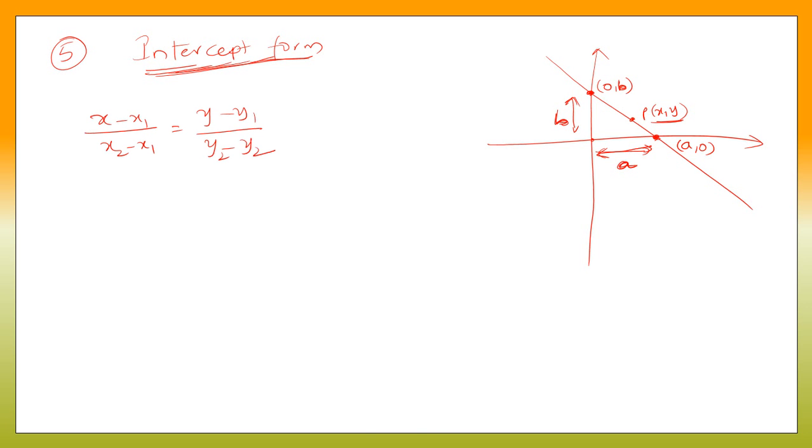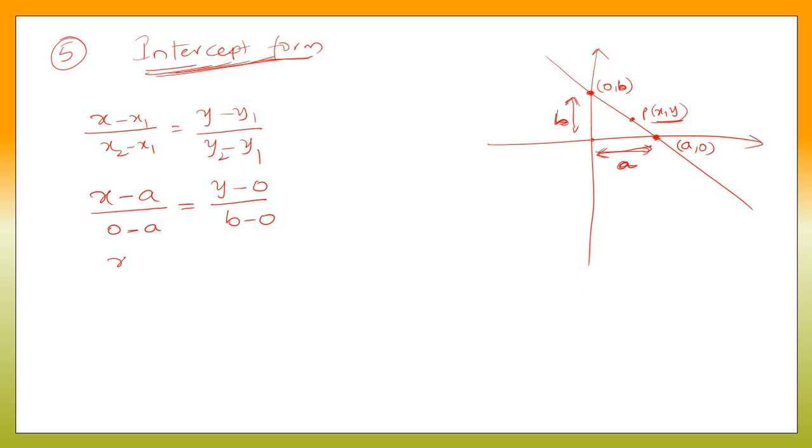Just now we have discussed this, right? So this is y1. Now when I substitute the values, x minus x1 is x minus a, by x2 minus x1, which is 0 minus a, is equal to y minus y1, where y1 is 0, by y2 minus y1, which is b minus 0.